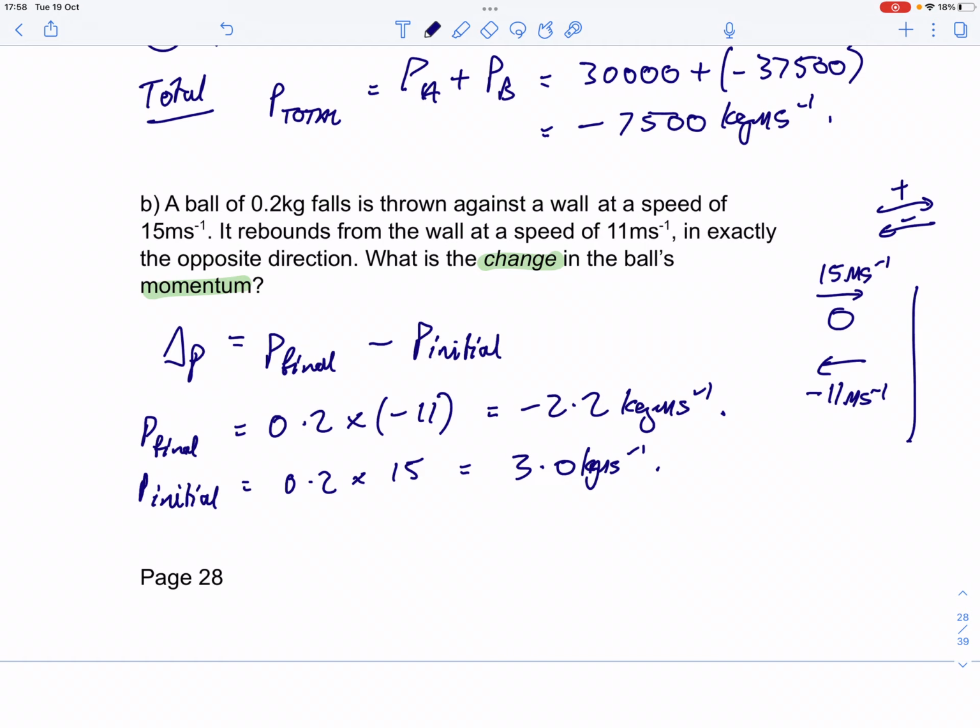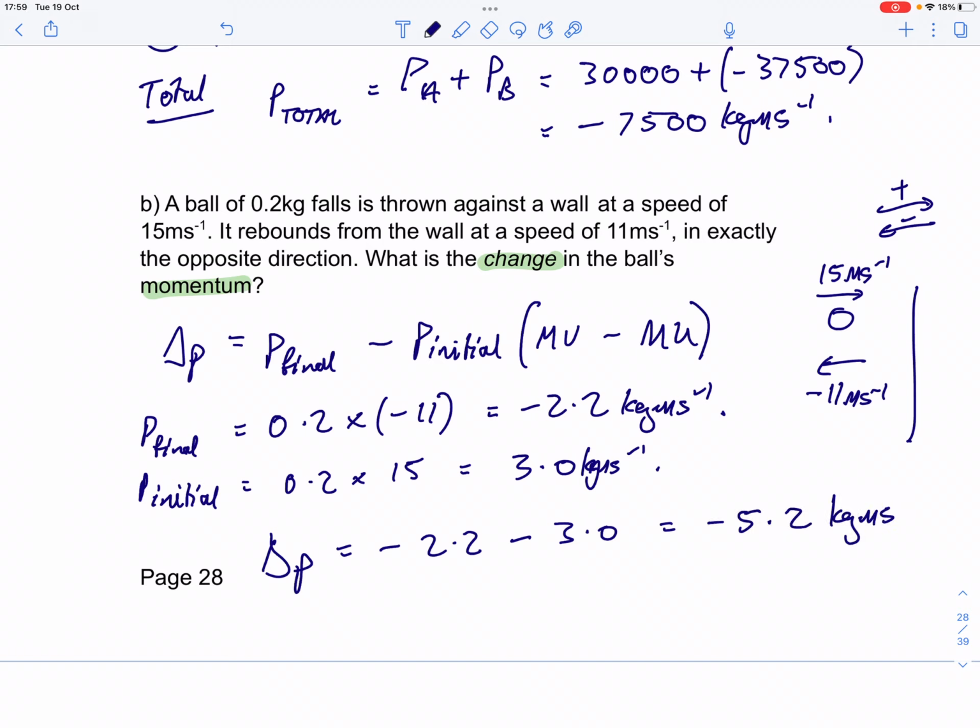Then the change in momentum is the final minus the initial, which is effectively mv minus mu, in the language of motion, final velocity minus initial velocity, v minus u, multiplied by m. So the change in momentum is our final momentum, minus 2.2, minus our initial momentum, 3, which gives us minus 5.2 kilogram meters per second.